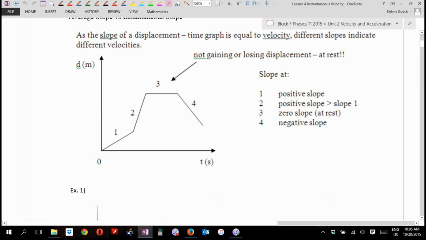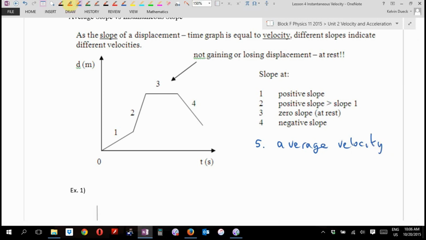Well, the average velocity of the whole trip, so we're going to add a little 5 right here. The average velocity would be the slope of that line.